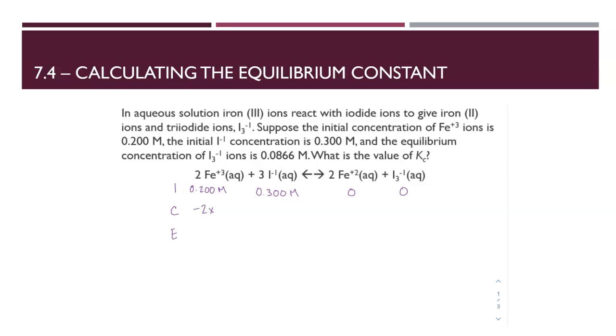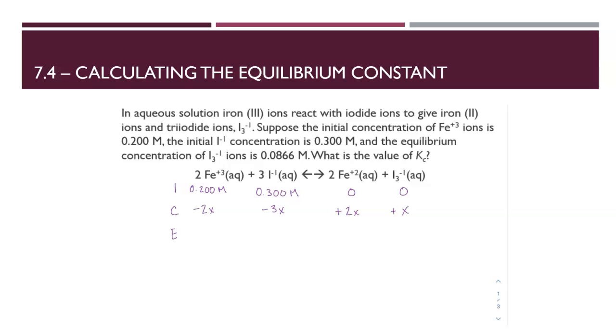The iodide ion is going to decrease by 3x because it has a coefficient of 3. Then my iron 2 ion is going to appear, so it's going to be a positive change by some factor 2x, and my triiodide is going to increase by some factor of x because it only has a coefficient of 1.